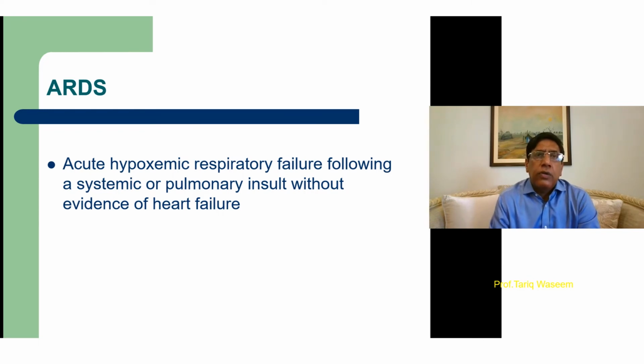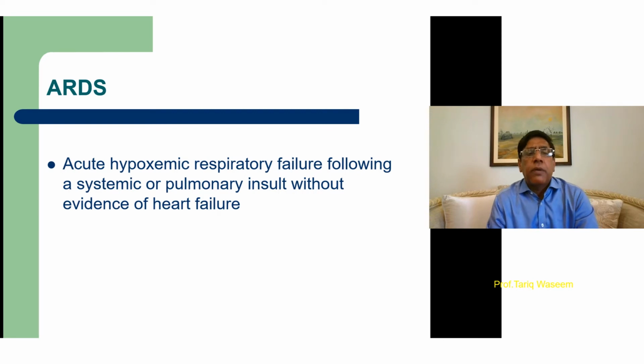Sometimes even heart failure: a failing heart leads on to back pressure, which leads to some fluid coming into the interstitial space, making it thicker and difficult for gas exchange, and then you may have frank pulmonary edema. But if this happens in absence of any heart failure, that would be called adult respiratory distress syndrome, or another name given to this is non-cardiogenic pulmonary edema.